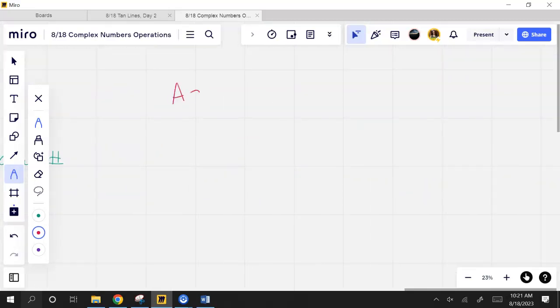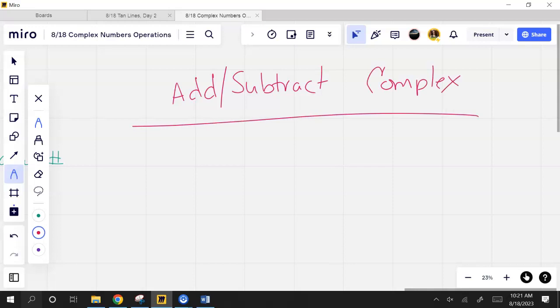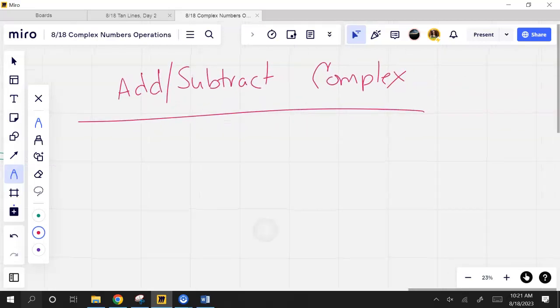All right, let's add, subtract first. This is the easiest. Somebody give me any complex number you can think of. Anybody? 6 plus 4i. Thank you.